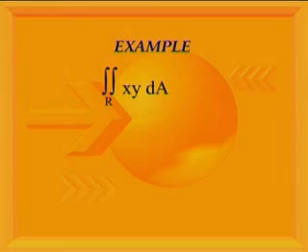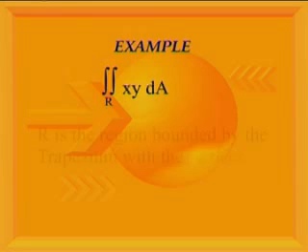The region is a subset of the xy plane. Let us do that. Here we are integrating the function xy over the region R with respect to the area of the region.